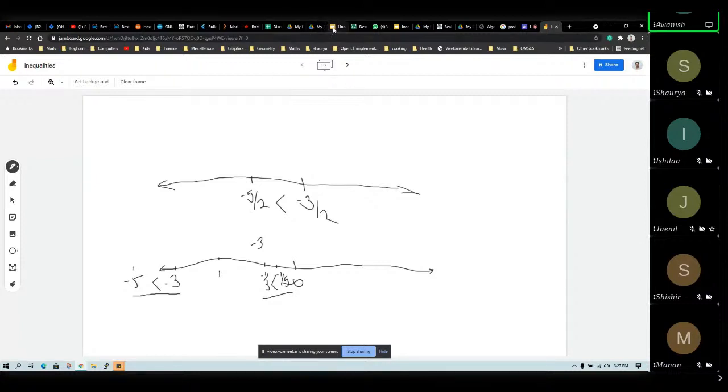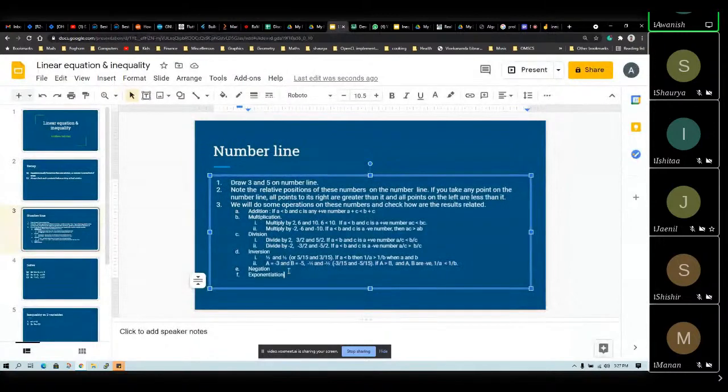Right. Is this okay to all? Can we say that as the conclusion? Sir, I could not hear you. What I'm saying is whether A and B are positive or negative, the relationship: if A is more than B, then 1 by A will be more than 1 by B.